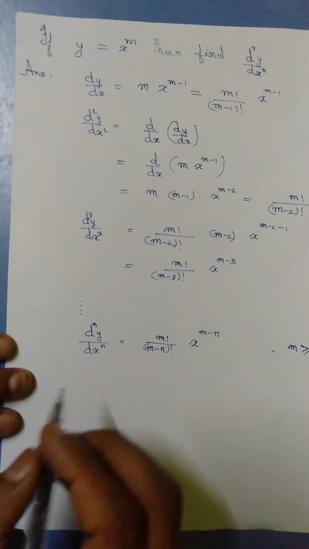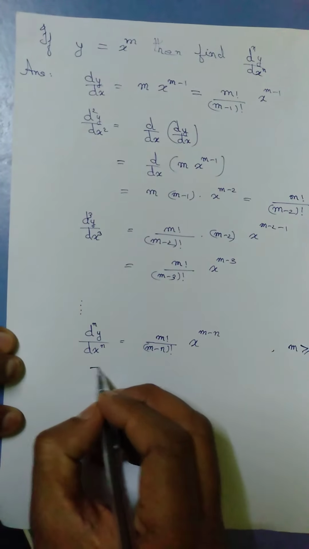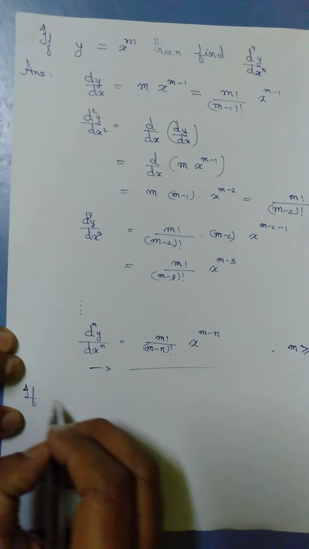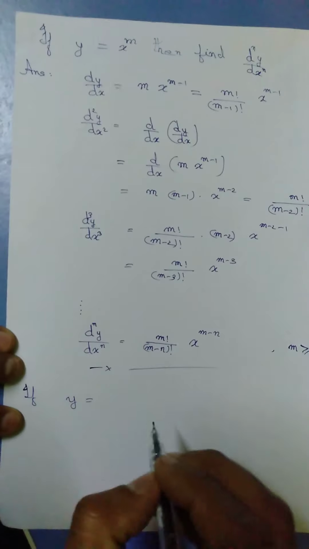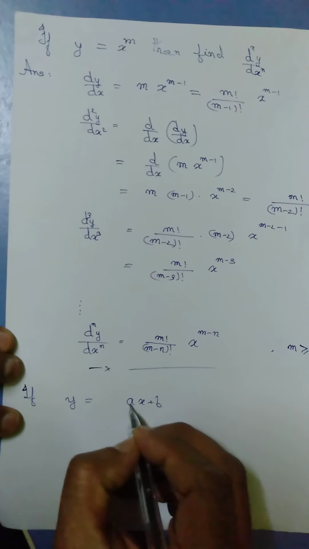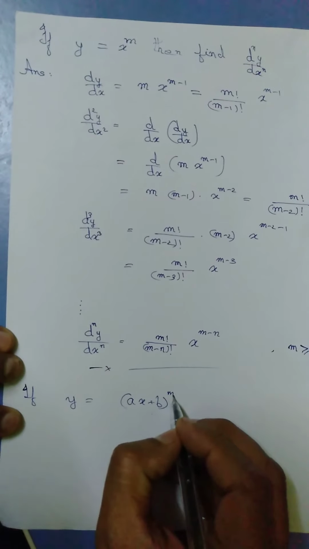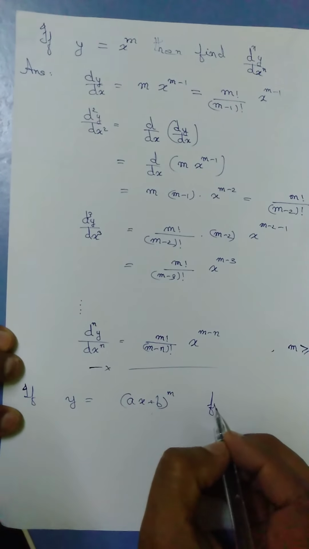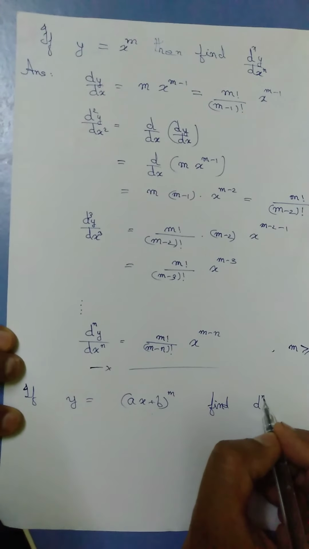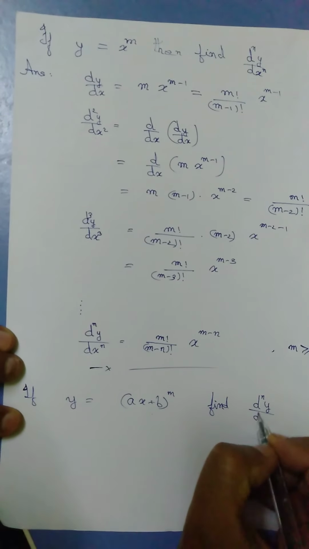Okay, similarly, let's do the second question. If y equal to (ax plus b) to the power m, find d^n y by dx^n.